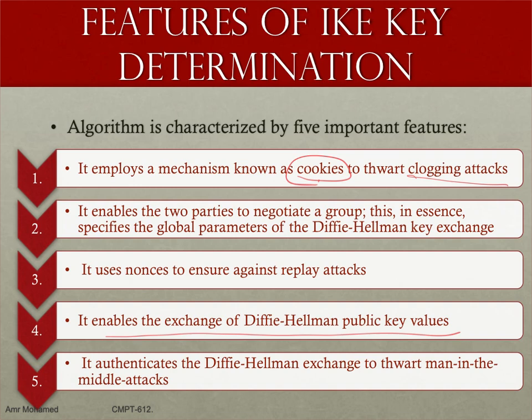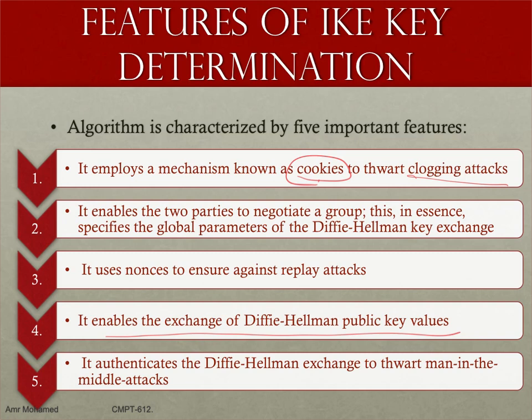Because it's coming from the same source. So clogging attack actually is done mainly from multiple sources. So we're trying to spoof the IP address and have what we call a distributed denial of service attack. So messages coming from different IPs, right?